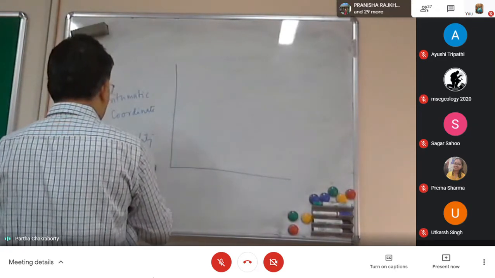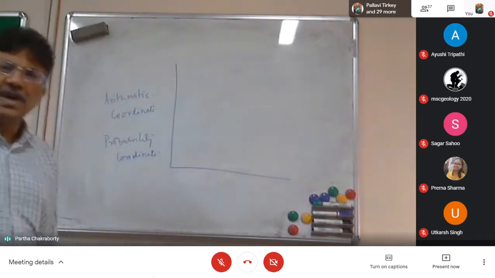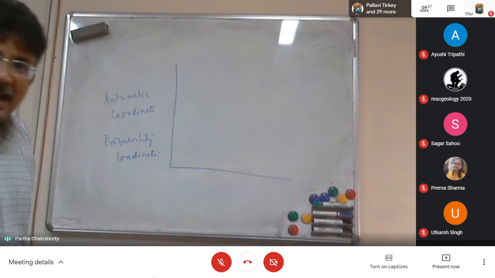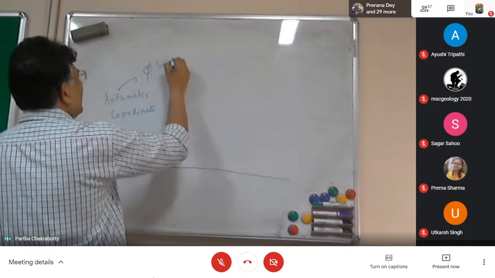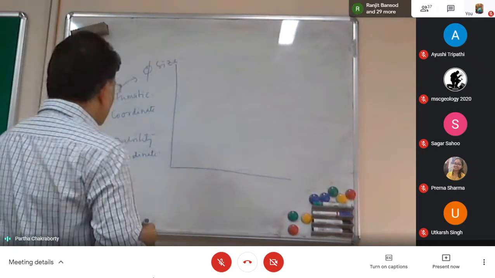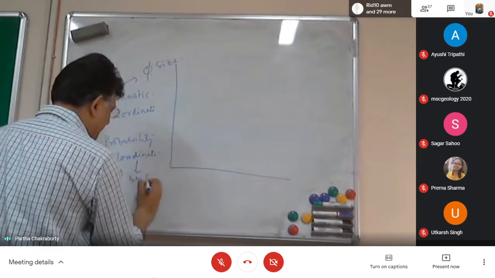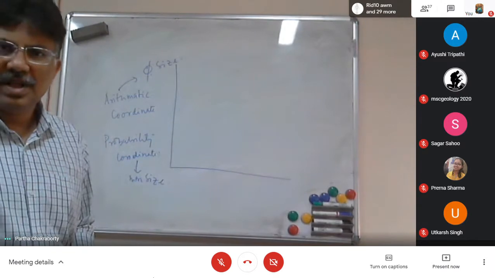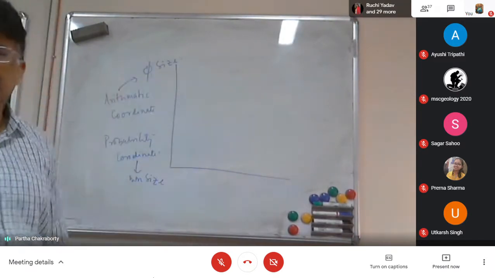If you do the cumulative curve with the arithmetic coordinate, then you will be using the phi size. If you do it with the probability coordinate, then you will use the millimeter size. Then the grain millimeter size I will be choosing. If the arithmetic coordinate, then I will use phi.